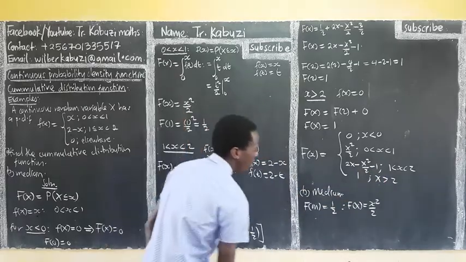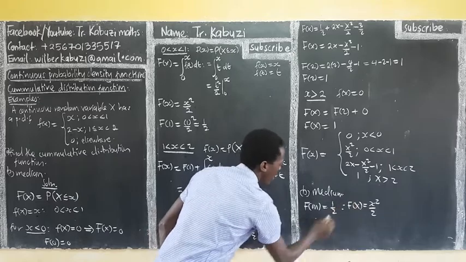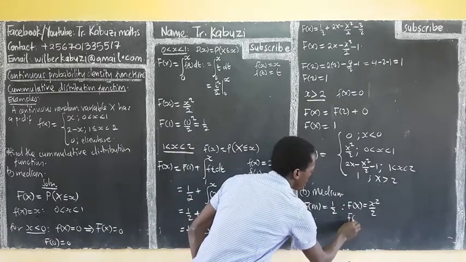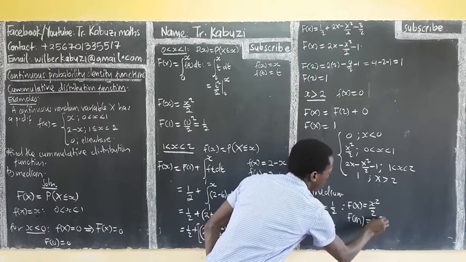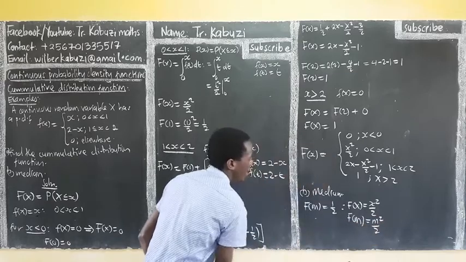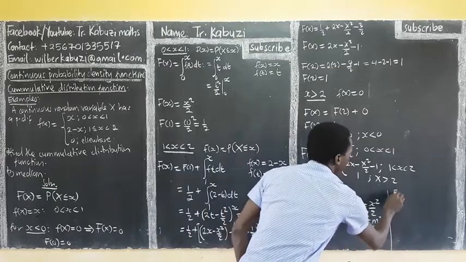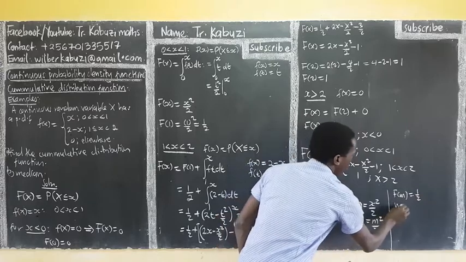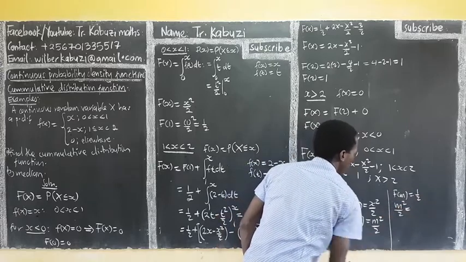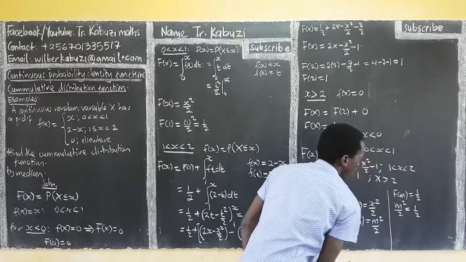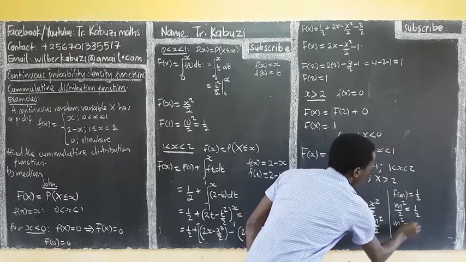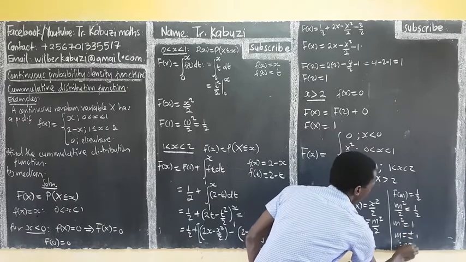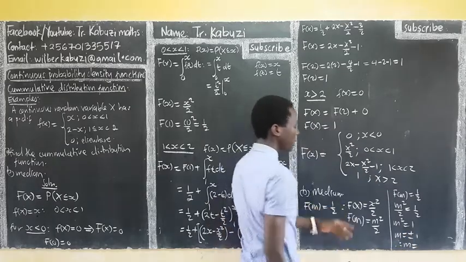But because we have got it, it means that our F of m will be m squared over 2. But our F of m is a half. Meaning that m squared over 2 is equal to a half. So now m squared is equal to 1. When you take the square root, you get plus or minus 1. Therefore, our m will be strictly 1.